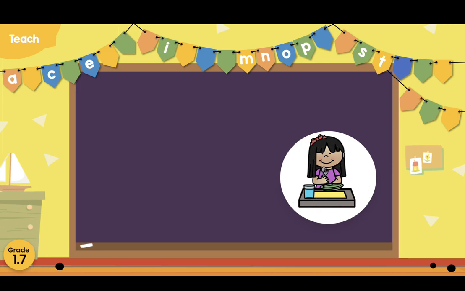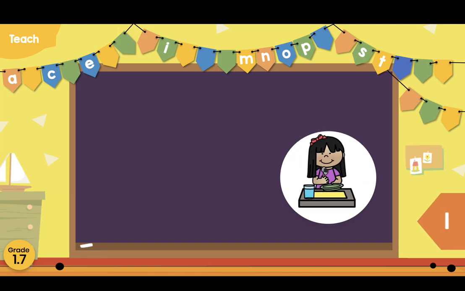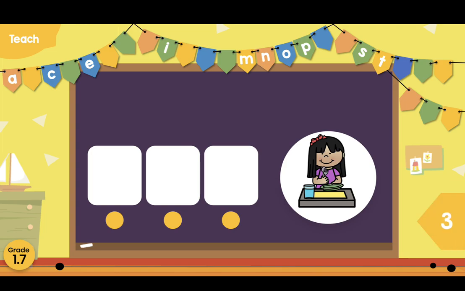The word is set. I set the table. Say it, sound it out. S-et. Draw sound dots for every sound. S-et. Now use the alphabet frieze to look at what the letters look like.